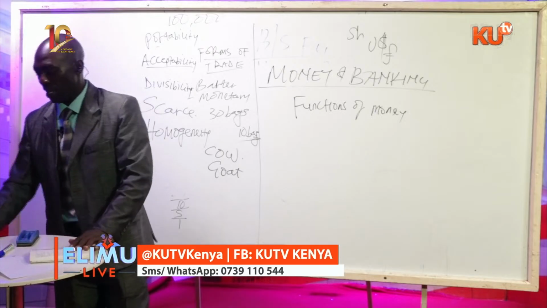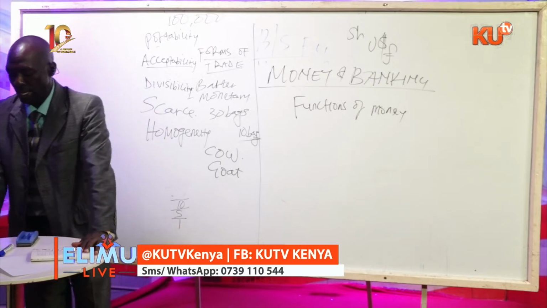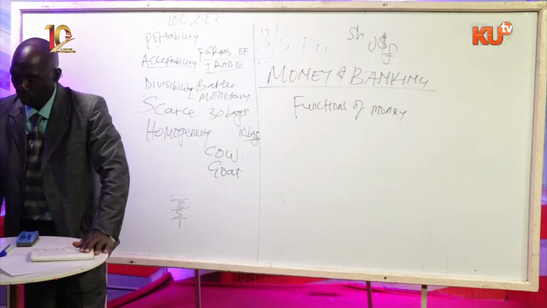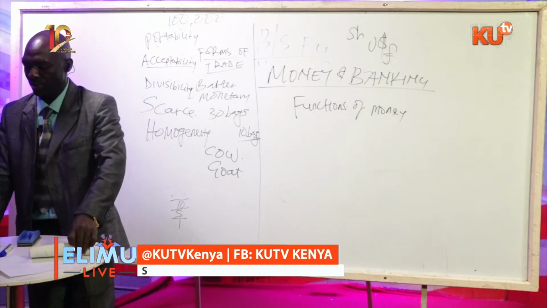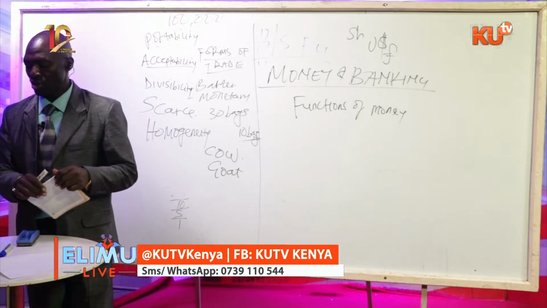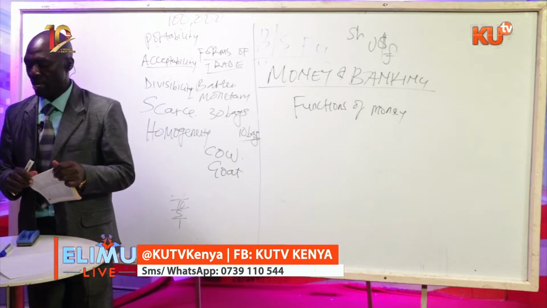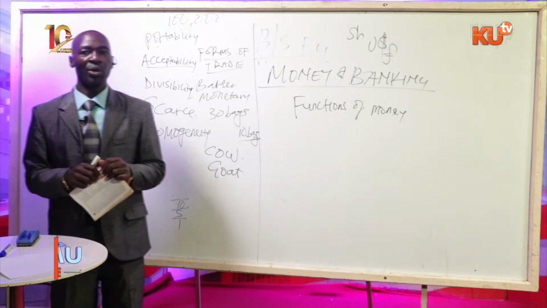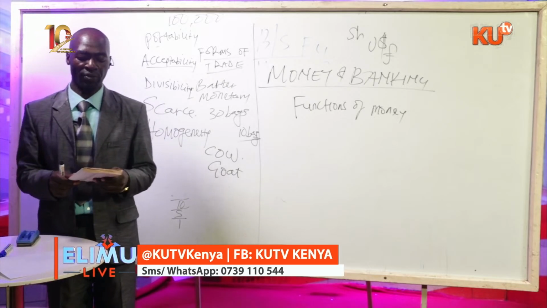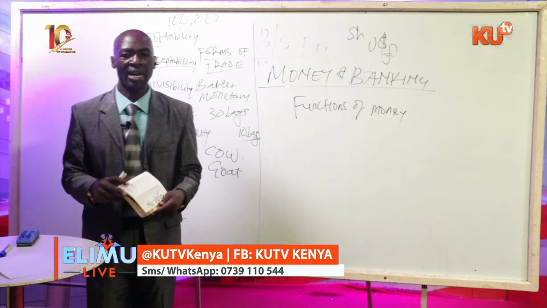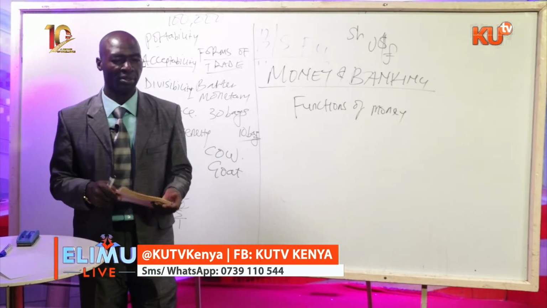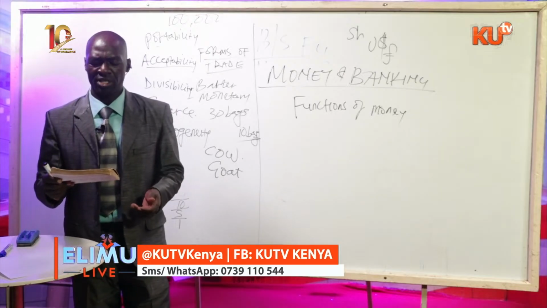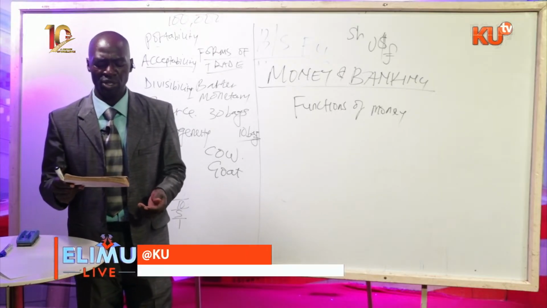Then number 2, money is a measure of value. Money is used to measure the value of goods in question. For example, if we quantify this book here, how much is this book in the bookshop?